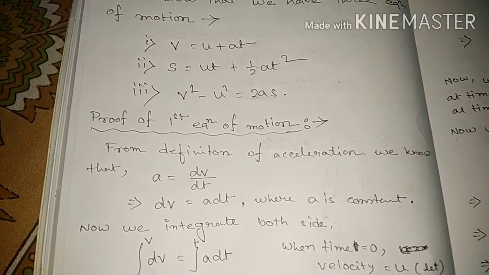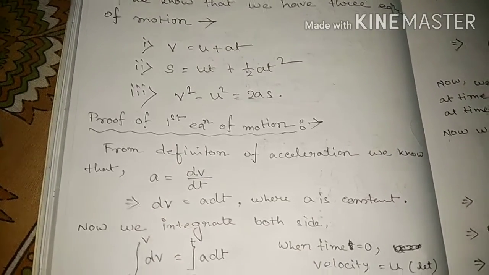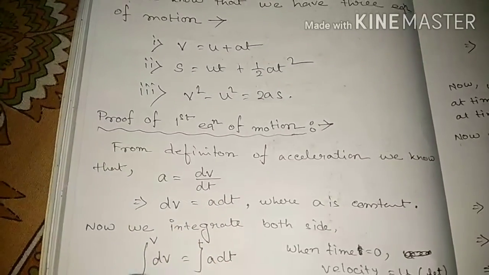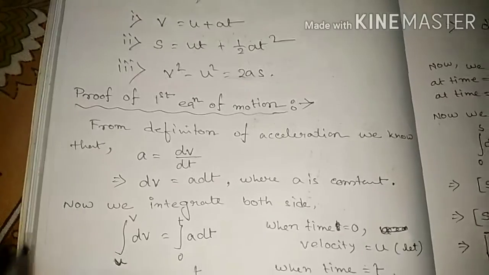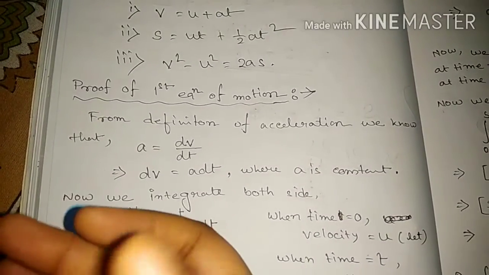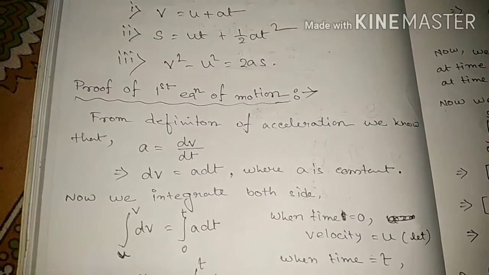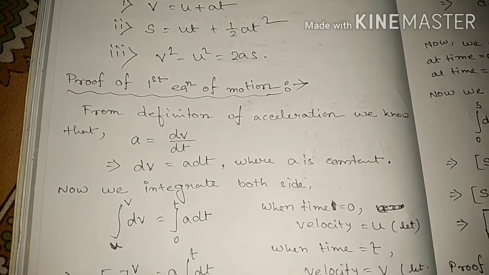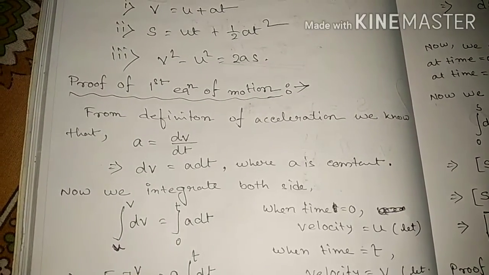Now here we consider that acceleration is constant. So variables are two, dv and dt. That's why here we take some assumptions, some considerations. What are those considerations? We consider that when time equals 0, initial velocity is u.